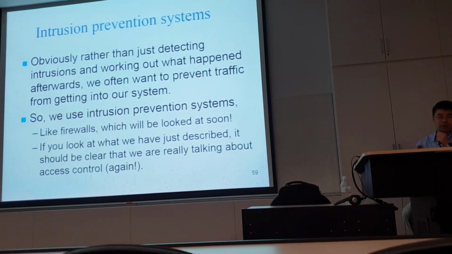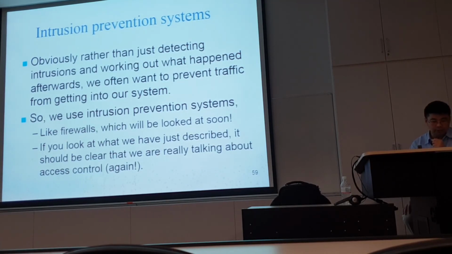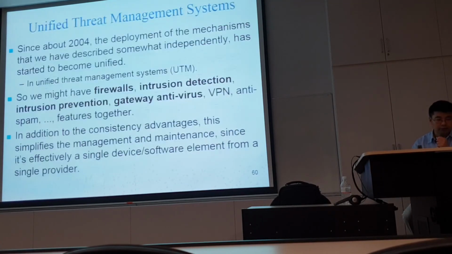Then we can close the connection from this internal server to the external network. We will look at the firewall later. Essentially, a firewall is some sort of access control. We do the filtering, but we can do it at different layers. If you still remember, we have 5 layers, and the firewall can do the filtering in different layers.